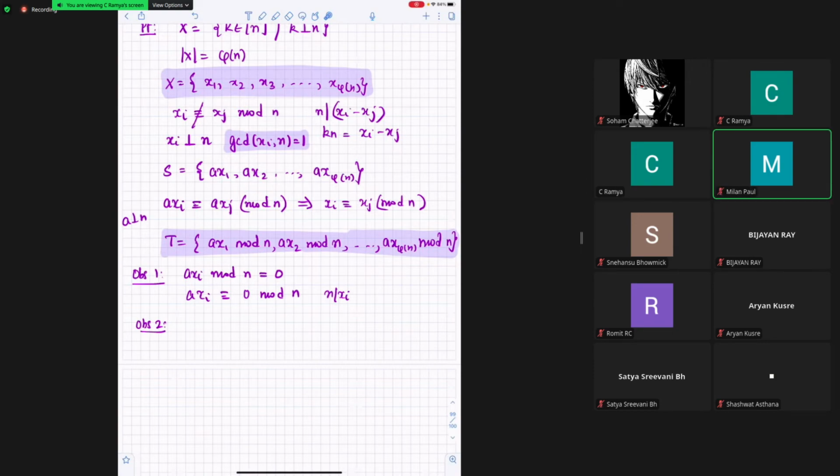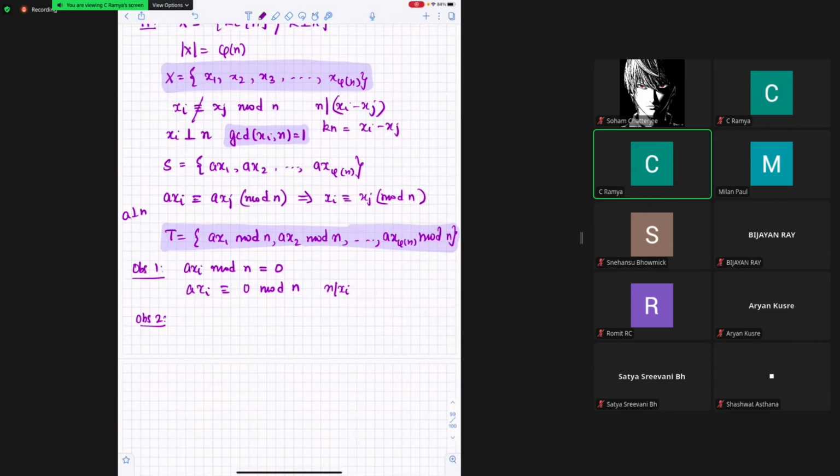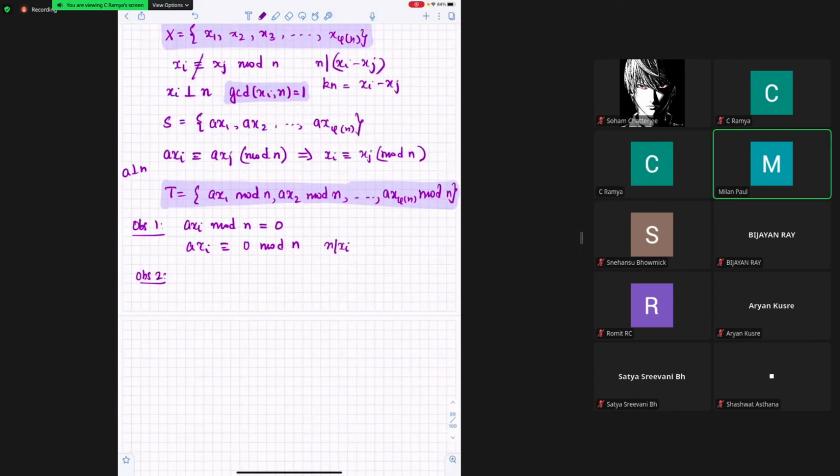Okay, so why should it be true? Because the elements in T should also be pairwise incongruent modulo N. Correct.